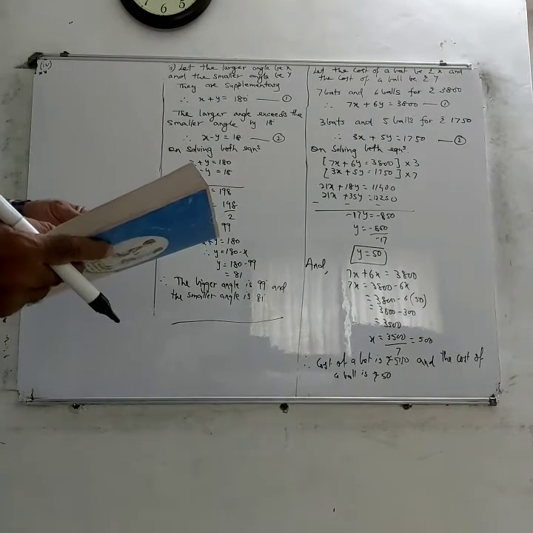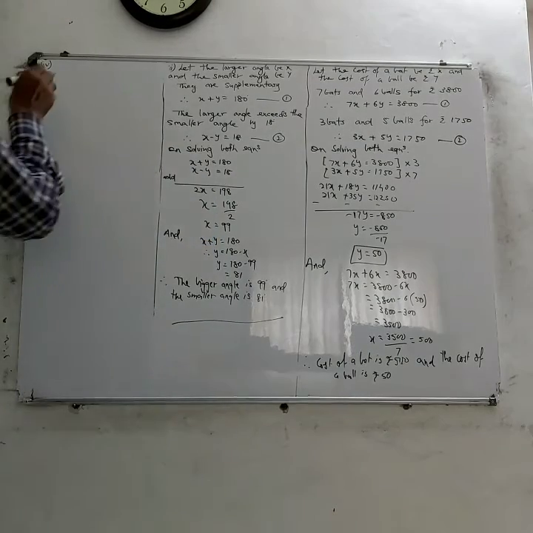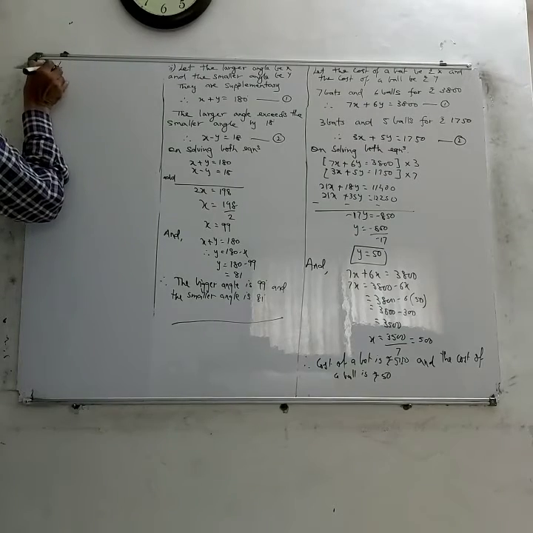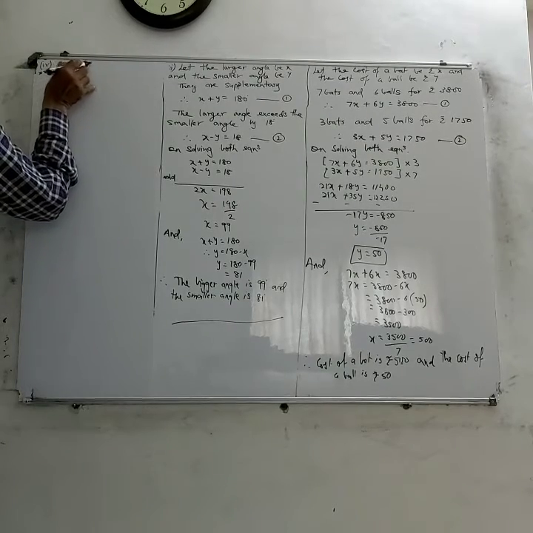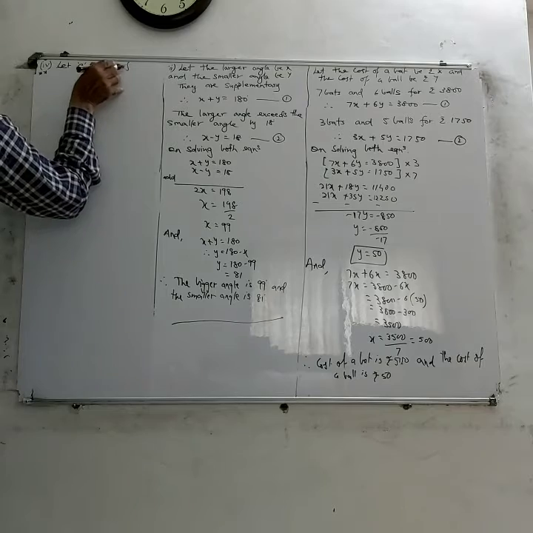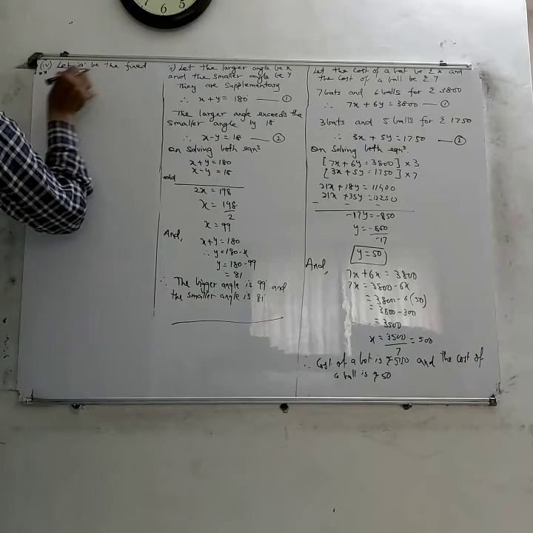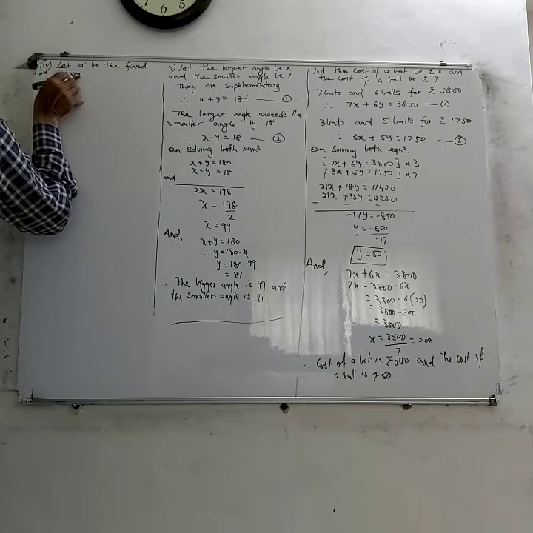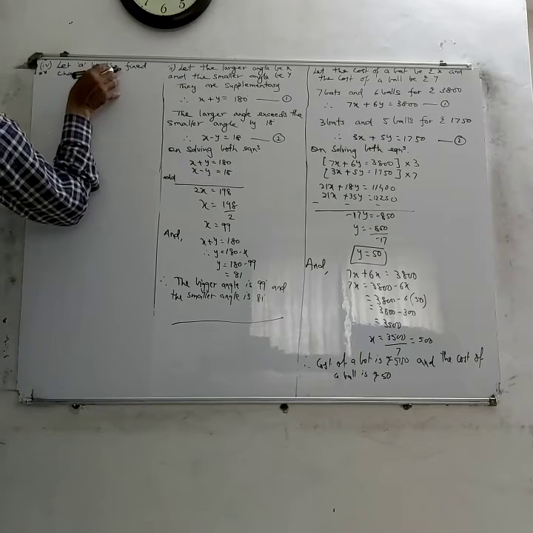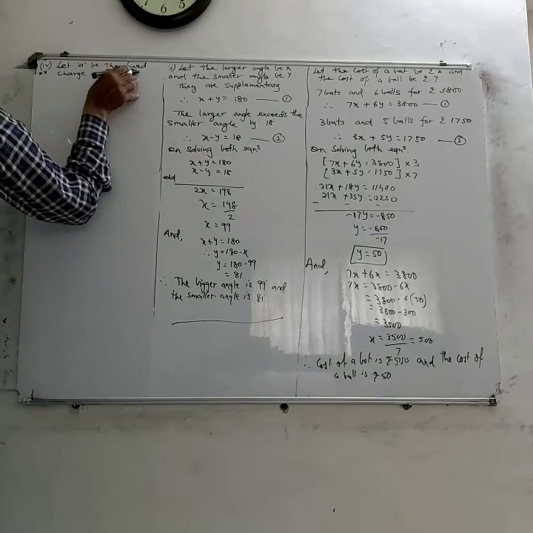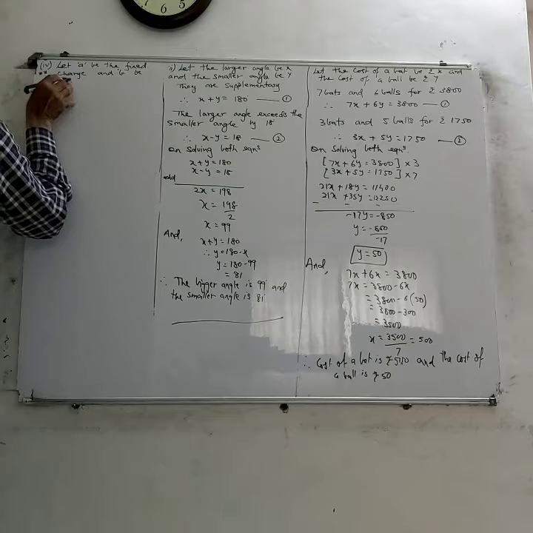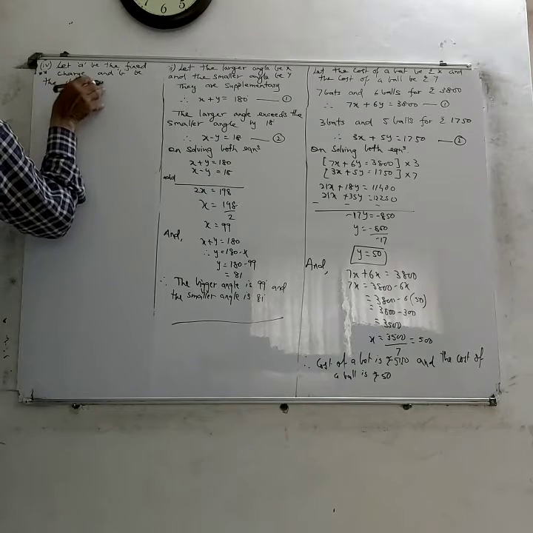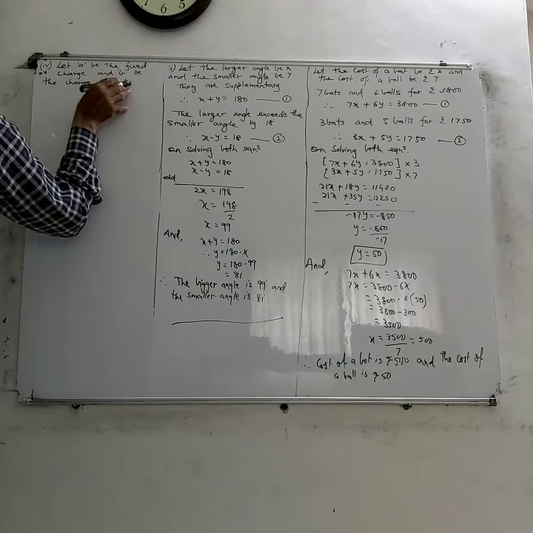Okay, what are the fixed charges? So, let A be the fixed charge and B be the charge per kilometer.